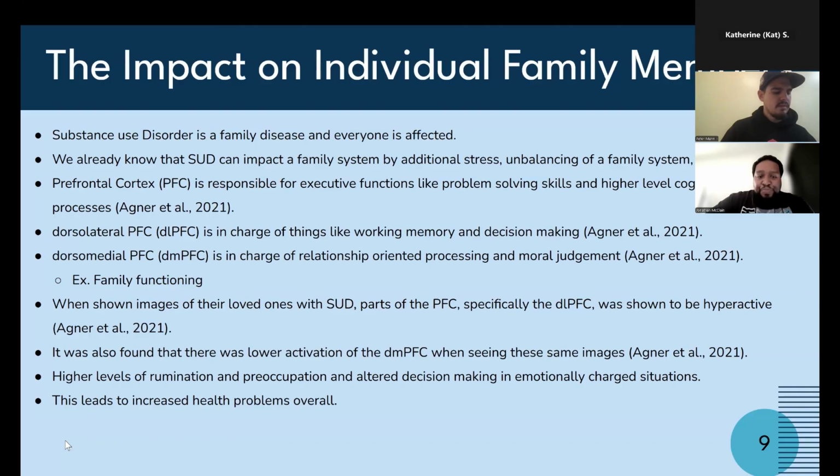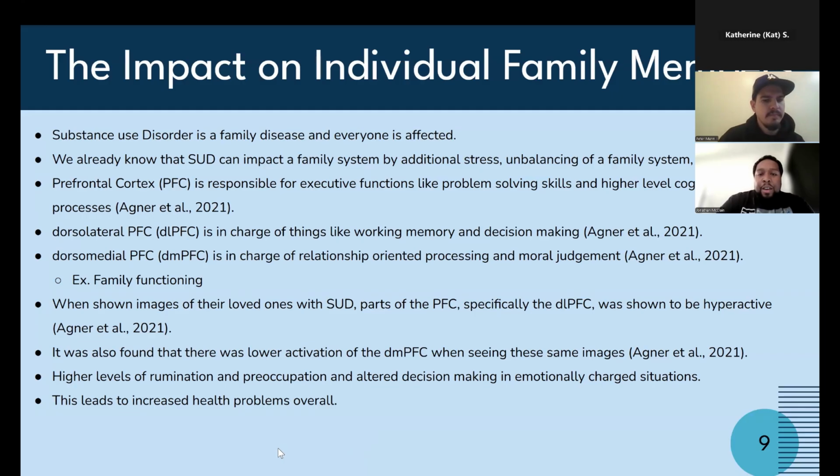All of this seemed to connect with higher levels of rumination and preoccupation with their family members, and also altered decision making in emotionally charged situations.